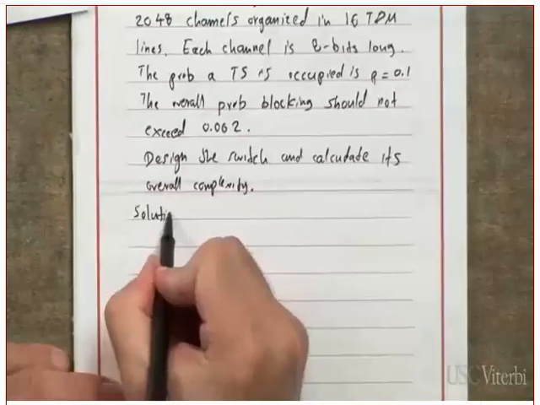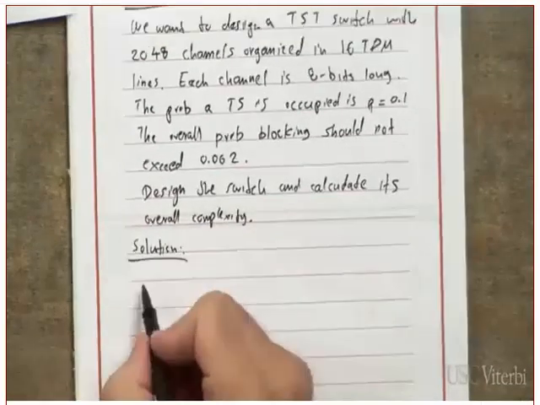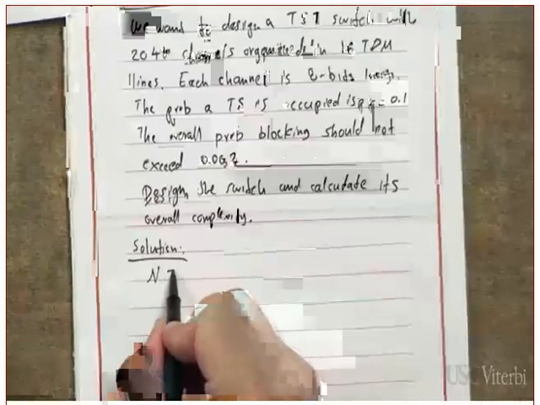So we need to break the 2048 into what? 2048 divided by 16, and we get the number of channels that each TDM line will have, right? Okay.